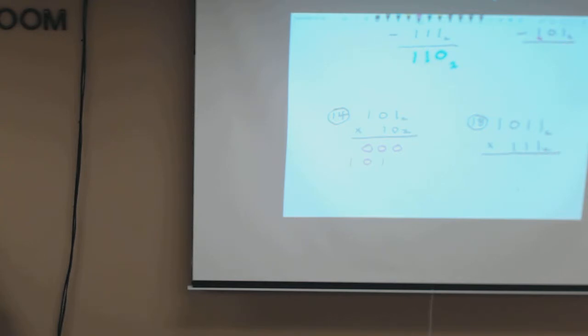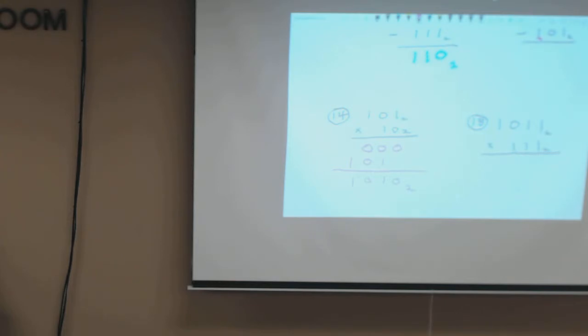Then I draw my line and do what? Add, just like we do in our long multiplication. So I put down 0 1 0 1. Is that cool? Binary multiplication is so easy because you're only working with 1 and 0. You follow what's going on?